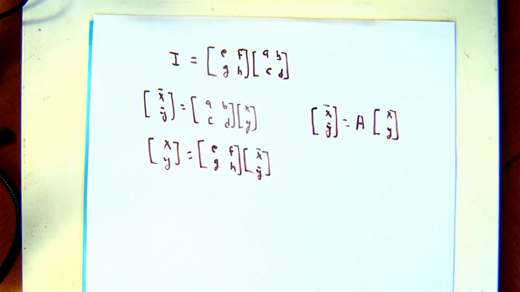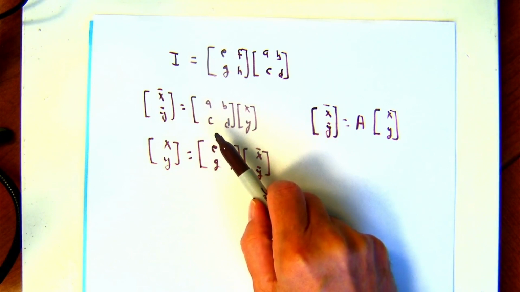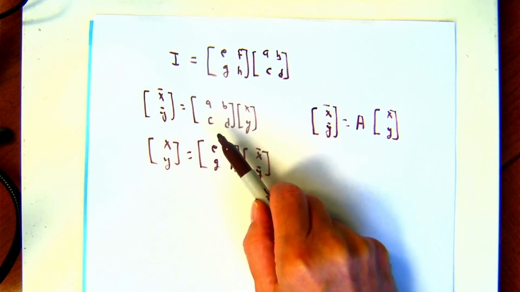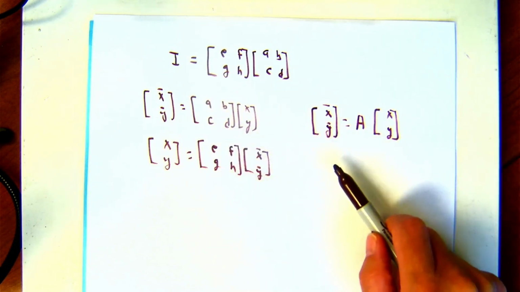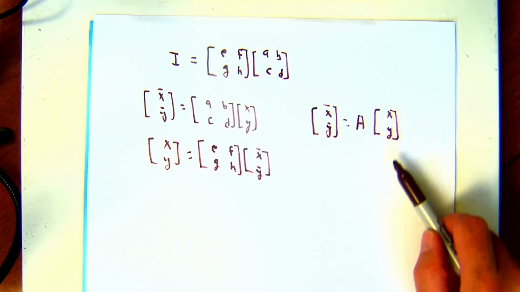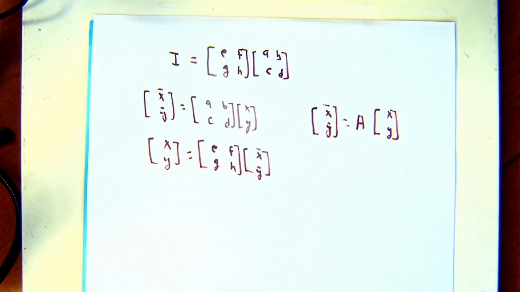So the coordinate vector x bar, y bar is this matrix little a, b, c, d times x, y. I'll make up a name for that 2 by 2 matrix. I'll call it capital A. X bar, y bar is capital A times the column of x and y coordinates.